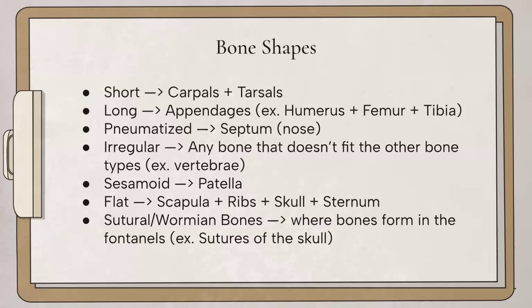In your skull, you are going to have different sutures, aka kind of like cracks in between your different bones. So, like in between your frontal and your parietal bones, you might have a suture. And a bone that is in that region would be considered a sutural or wormian bone.